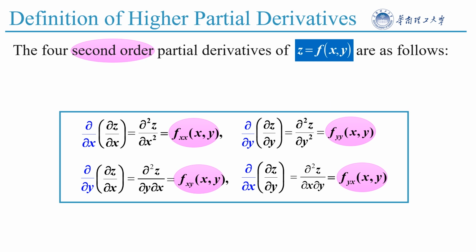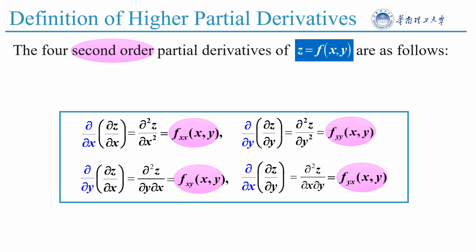The first expression means the second partial derivative of f, differentiating f partially twice with respect to x. The second expression means the second partial derivative of f, differentiating f partially twice with respect to y.